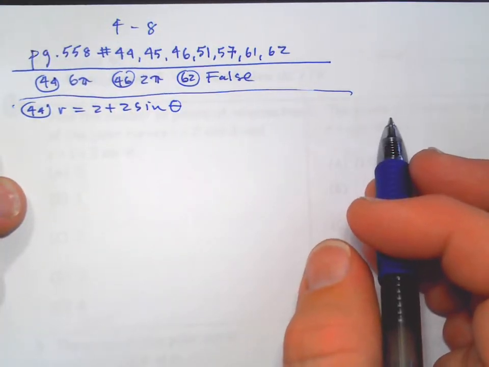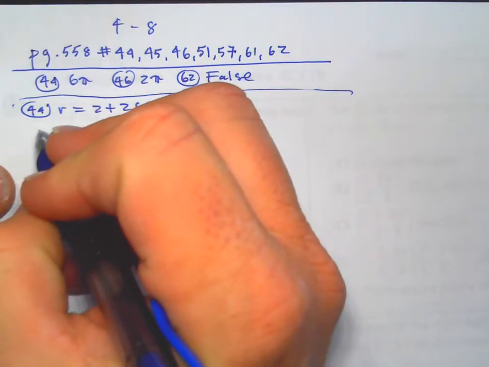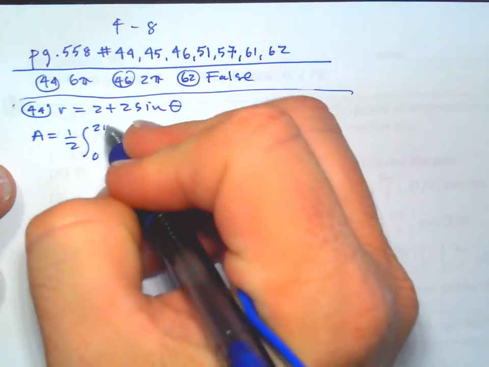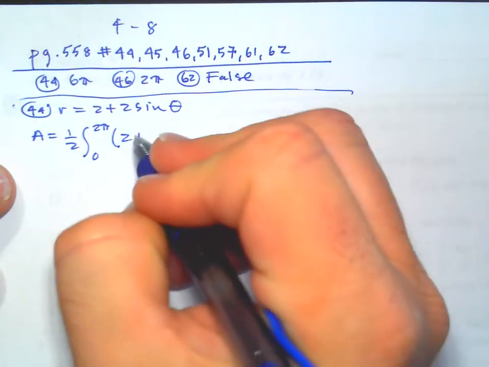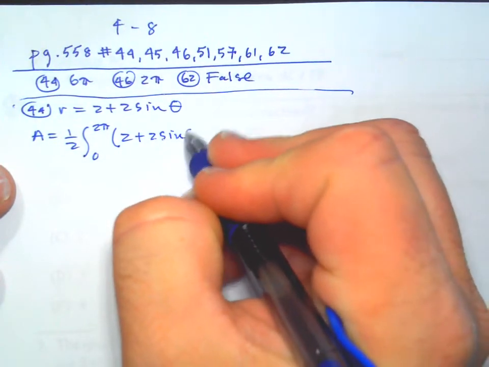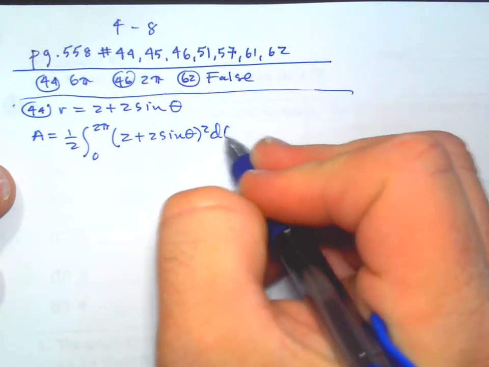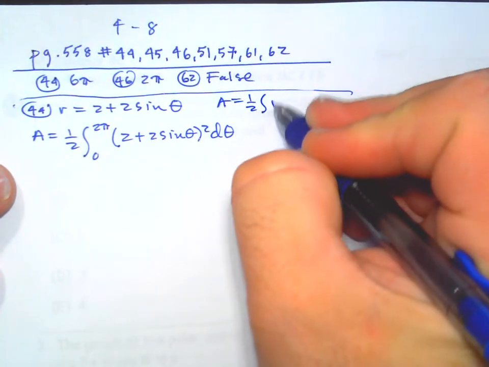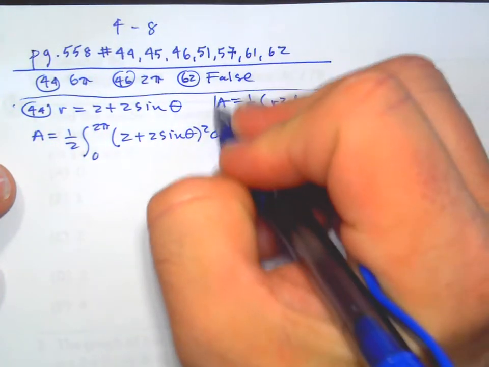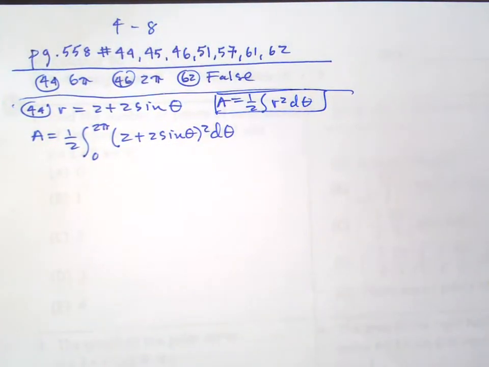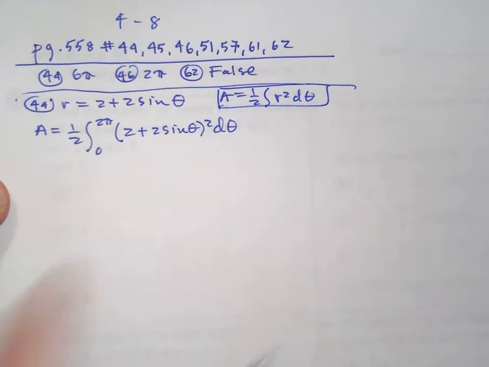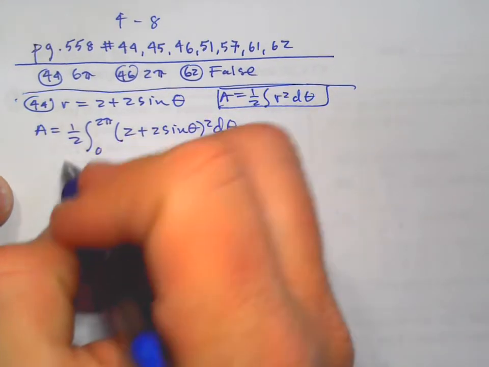I mean, we could just find the area, 1/2 integral from 0 to 2 pi of (2 plus 2 sine theta) squared d theta, right? That's the formula for the area of any polar curve, right? So I think this should do it, as long as you feel comfortable knowing that the cardioid does get drawn from 0 to 2 pi.